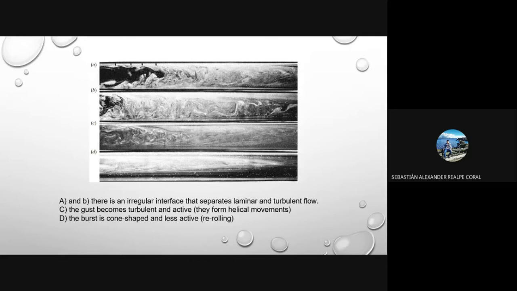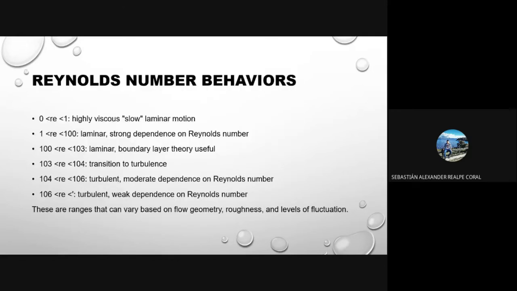D: the burst is cone shaped and less active. These are ranges and can vary based on flow geometry and levels of fluctuation.